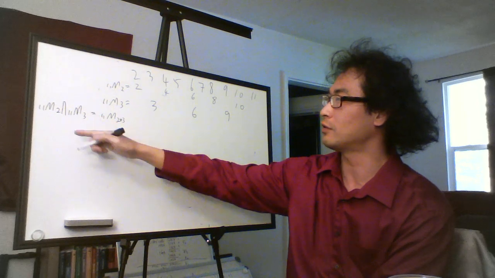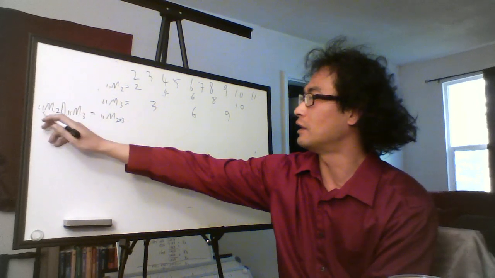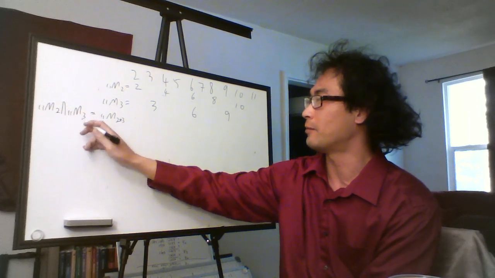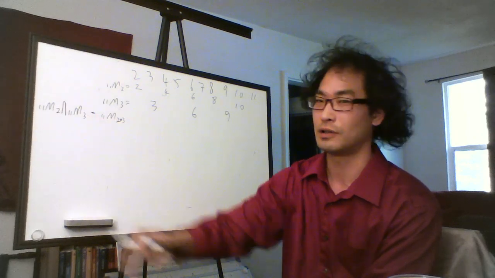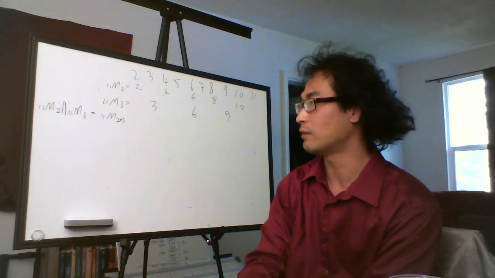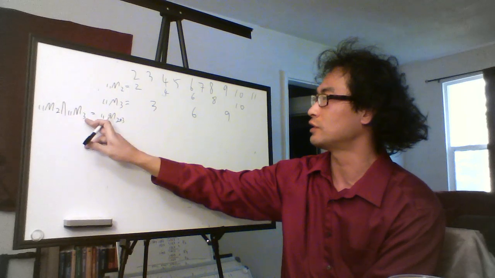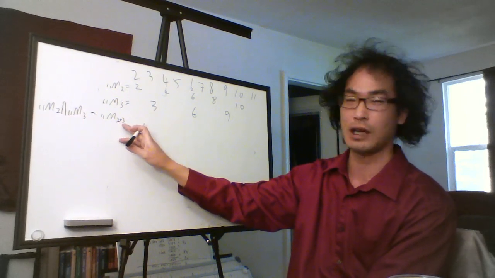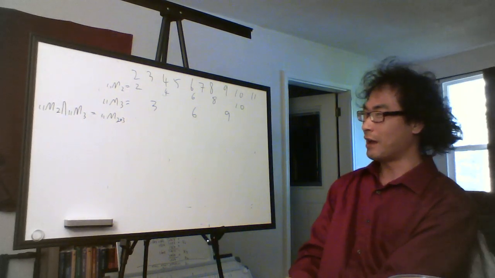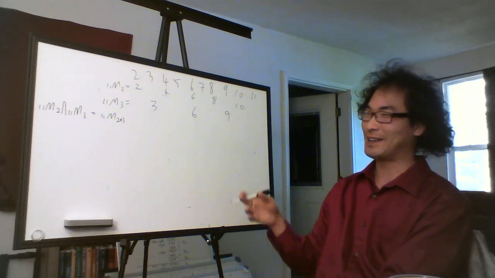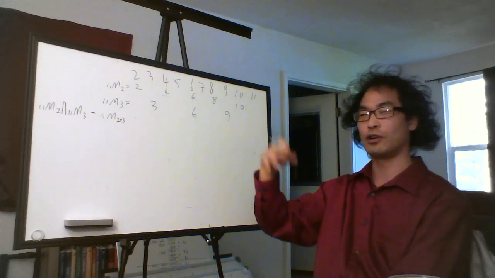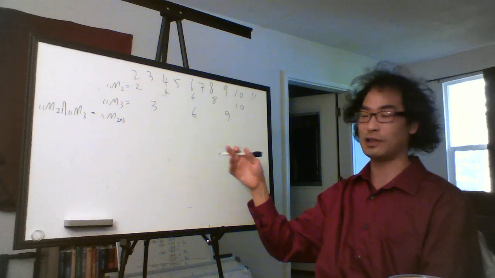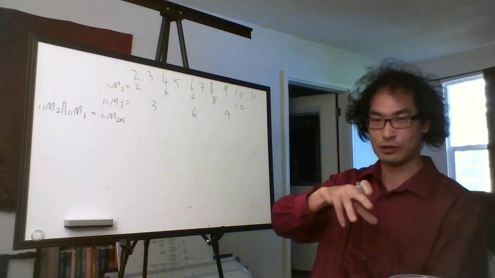Take 11M out, factor it. What do you have left? 2 intersection 3, which is like 2 times 3. I'm making some analogy. You have this distributive law, and the reverse of distribution is factoring out.